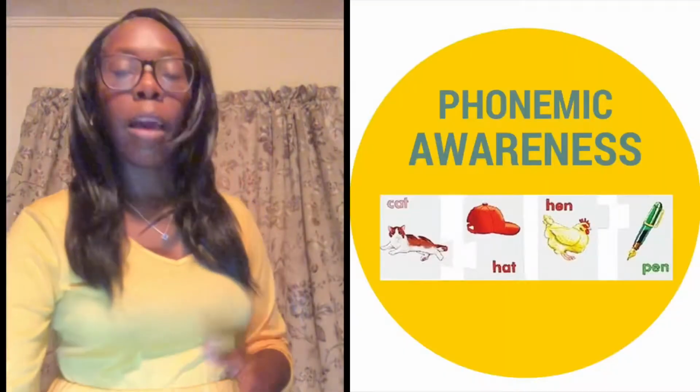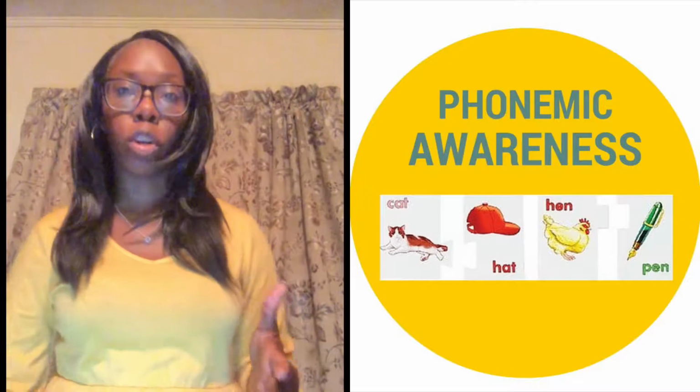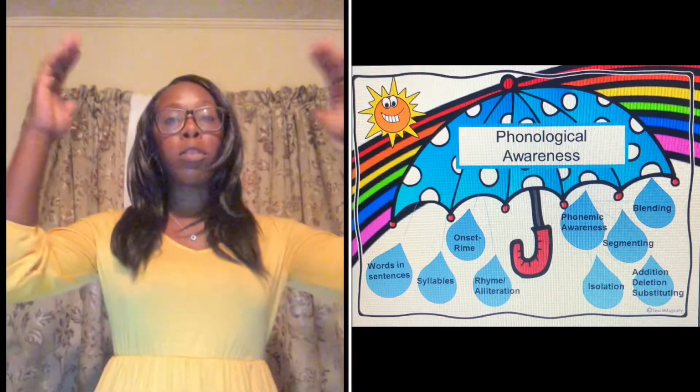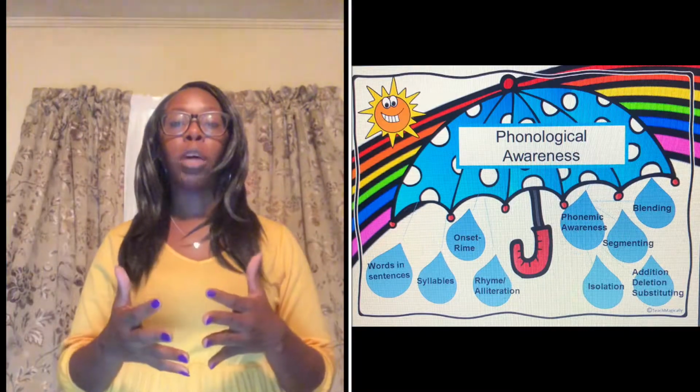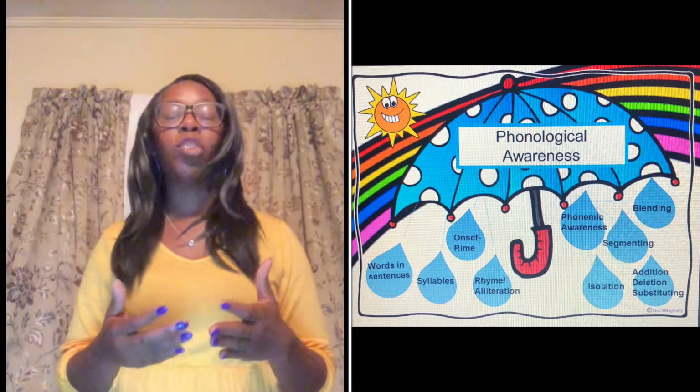Now, when we move from breaking down words into syllables, we move into breaking them down into smaller units, which means we're moving from phonological awareness to phonemic awareness. Phonemic awareness is one specific part of phonological awareness. It falls under that umbrella of phonological awareness and can be defined as the ability to identify and manipulate individual sounds.